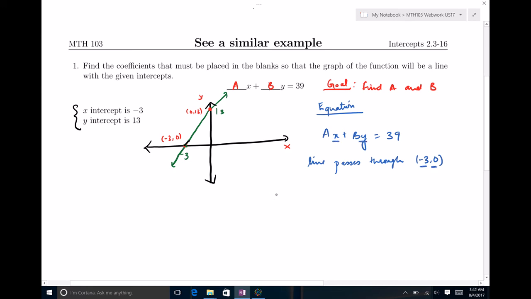So let's try and do that. I have a times -3 plus b times 0 equals 39. That means I'm going to solve this out. So I get -3 times a, and b times 0 is 0, equals 39. So that's -3 times a equals 39.